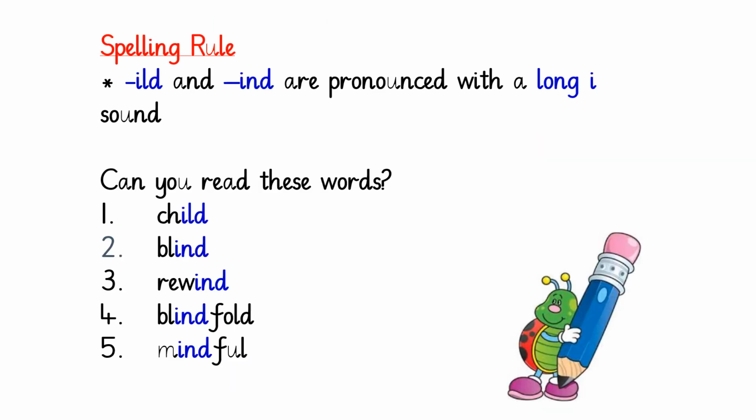And so here we've got 6 words with the IND and the ILD. Now, it says here that they have a long I. So that is the I sign. Child, blind, rewind, blindfold, mindful. Now, number 3, in fact, I'll leave that.